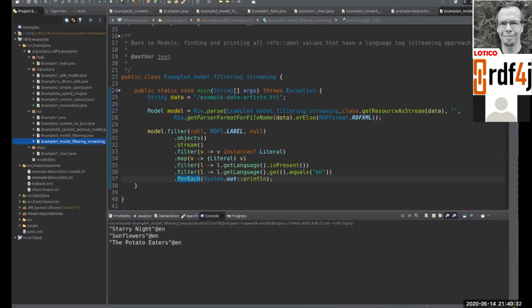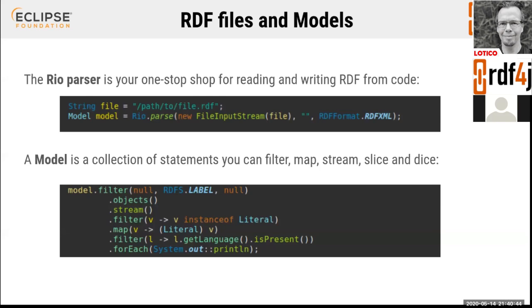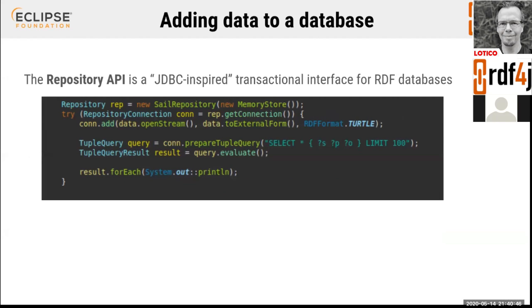Now this is all nice, and if you only have small data sets to work with, then this will be fine. But as soon as you start working with RDF data at scale, you'll need something a bit beyond just having an in-memory model. And this is where the repository API comes into the picture.